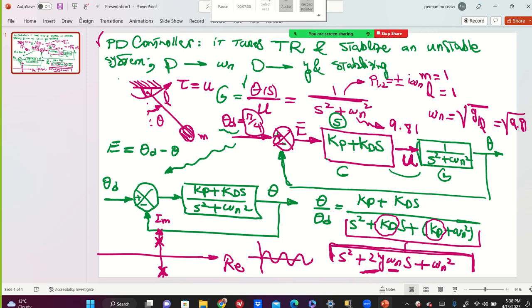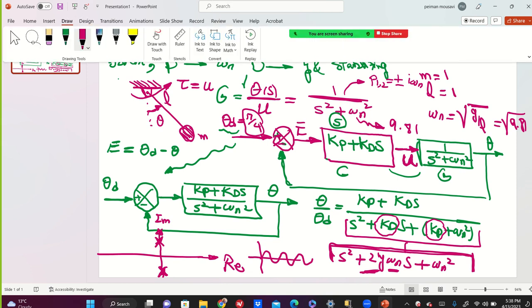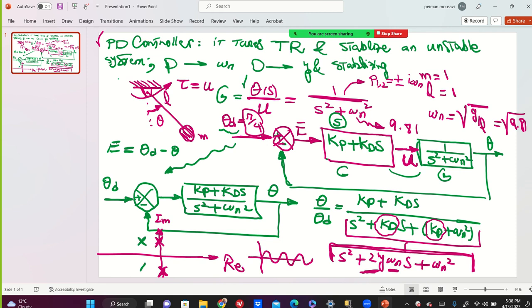So by adding the controller as a control engineer, you are saying, I'm going to move the poles to here, or I'm going to have repeated poles like this, or distinct poles. So you are fixing the system. I mean that you are moving the poles to the left hand side.